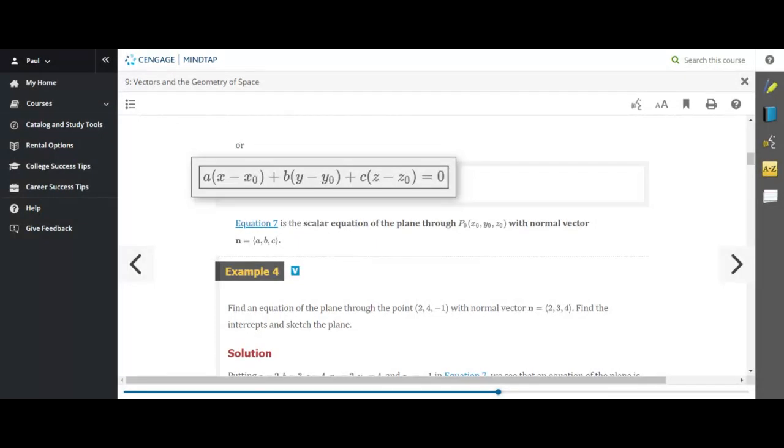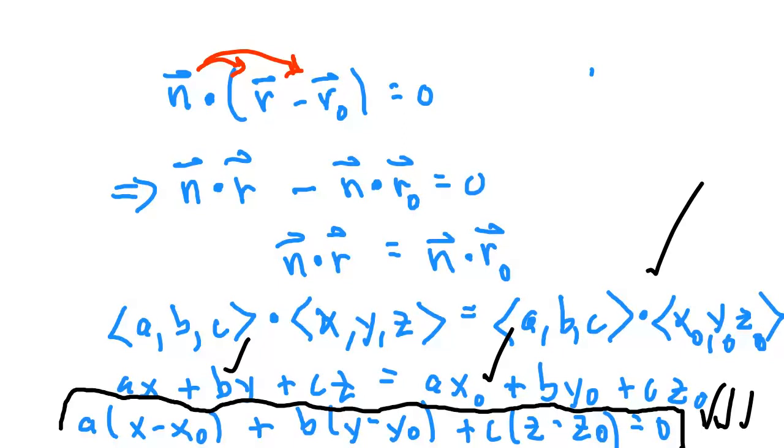How many have seen that maybe in pre-calculus when you learned about planes and they just said, okay, this is the standard form for the equation of a plane? Maybe you have not. But let me show you something. Let me go back to the whiteboard here.